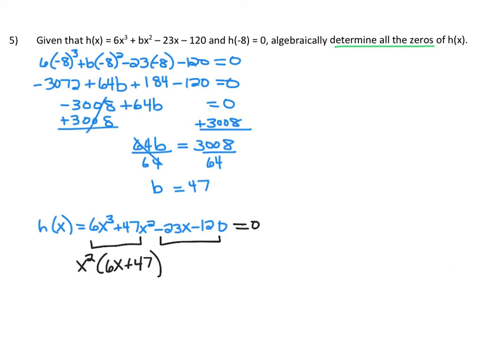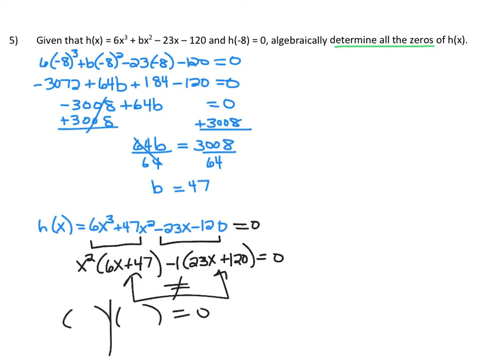And out of the next two terms, I guess you would factor out a negative 1, which does not leave you with 6x plus 47. It leaves you with 23x plus 120. So these do not match. So we can't factor. If we could factor this, it would have been awesome. We could have just made our factors, a t-chart, and solved. But that's not going to work for us.